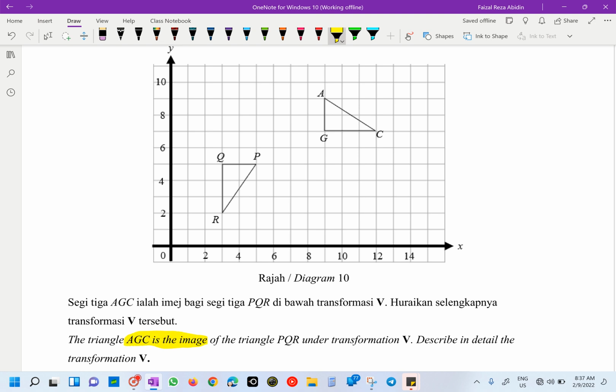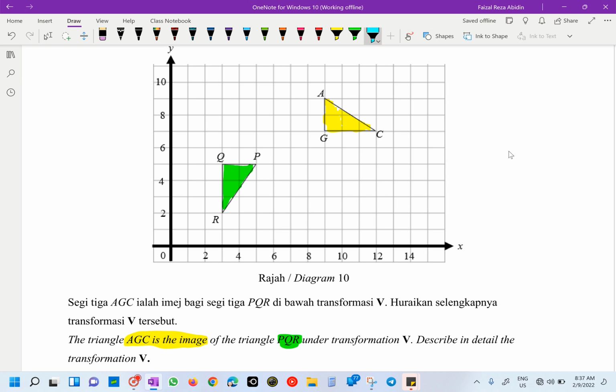Where is our AGC? Up here. This is our image. So if AGC is our image, what happened to PQR? It is going to be our object, isn't it?